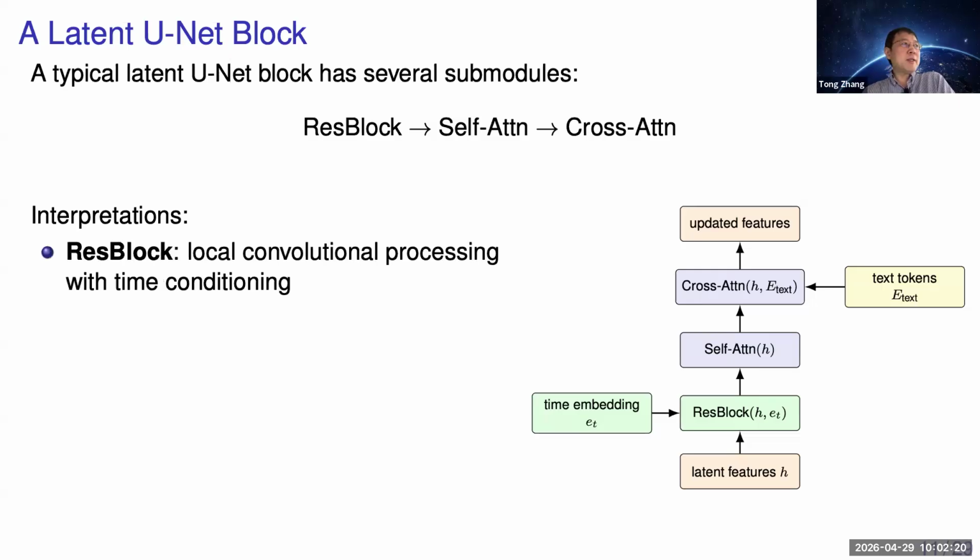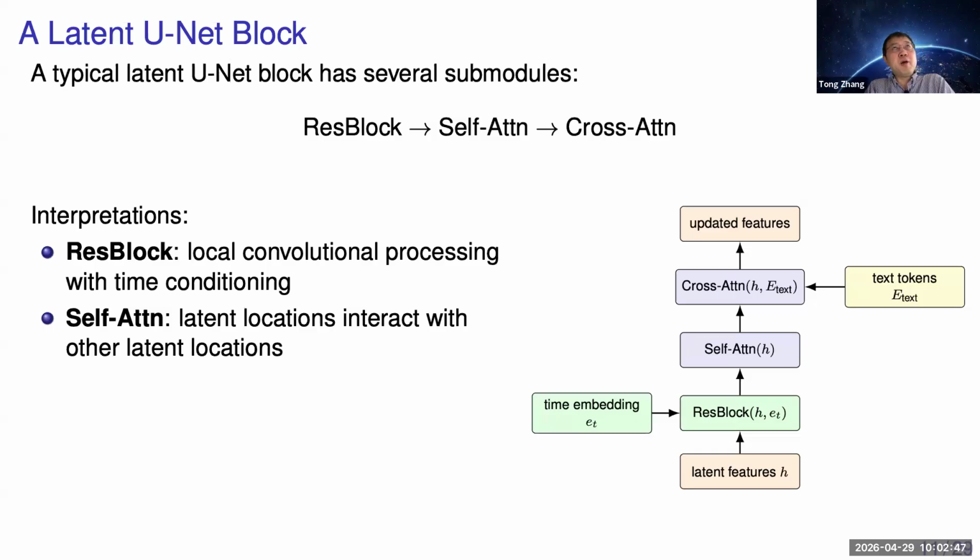As for interpretations, the ResBlock is a local convolution, which has some prior information. Typically this kind of CNN structure has prior information, so that you are doing well with a bias, this kind of prior image type of geometric information.